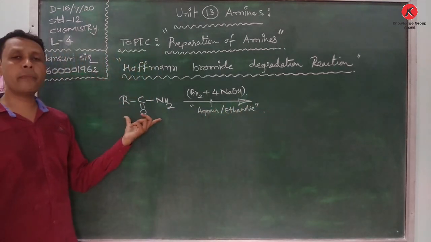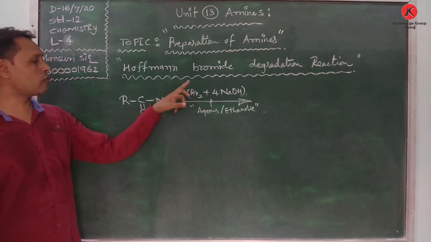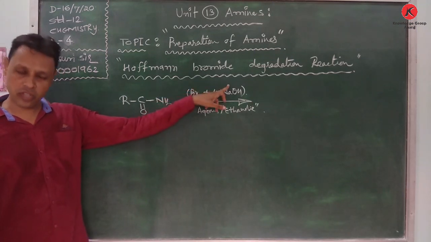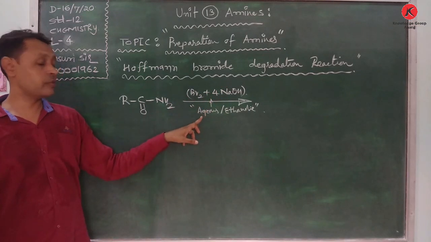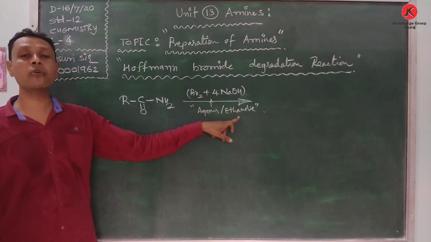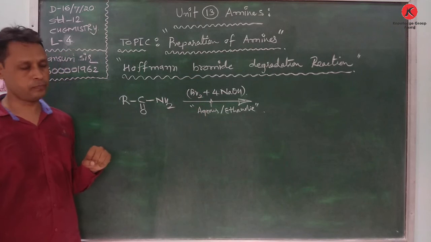When an amide compound reacts with the mixture of bromine and sodium hydroxide, which should be aqueous or alcoholic, then what will form?